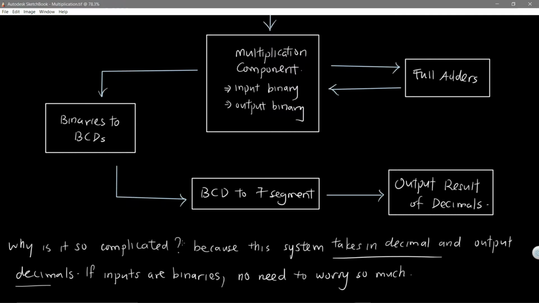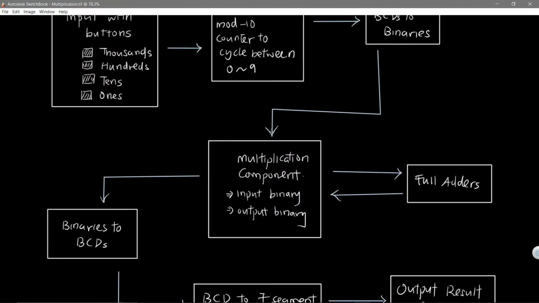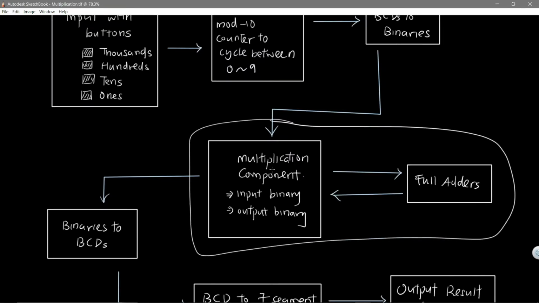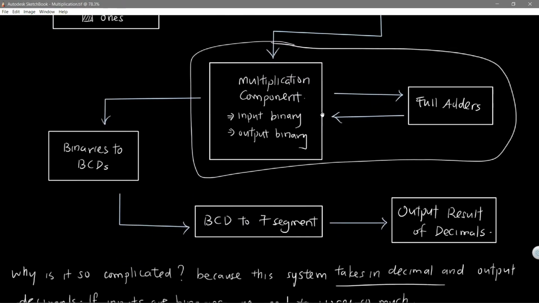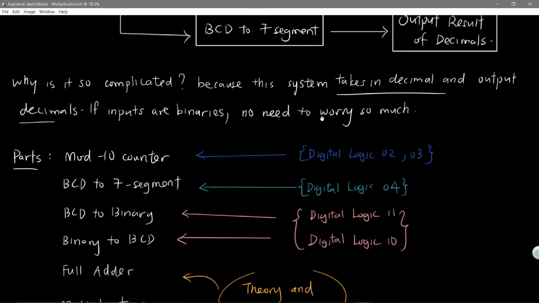So if you want the input and output to be binaries, you don't have to worry so much. You only need these two components, these two cores. So these two components are the main characters of our video today, and for all the other components, I have videos dedicated to them. If you intend to have a deeper comprehension about their theories and how they are actually built, you can go watch those videos I have in my channel.